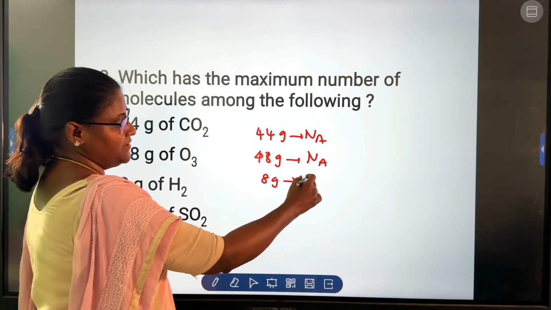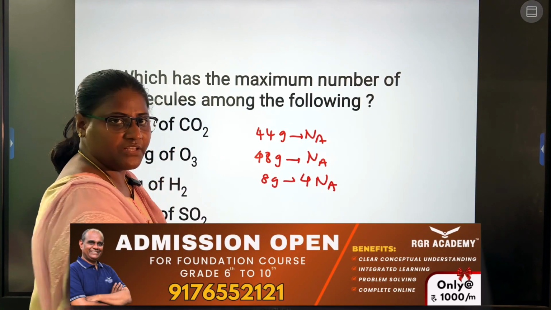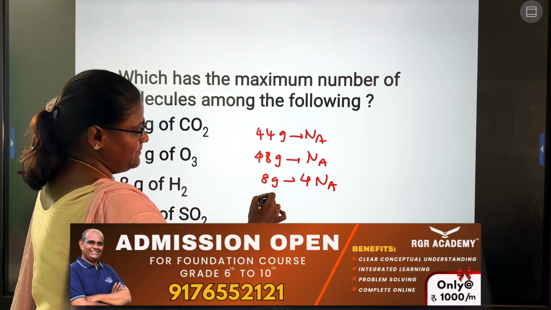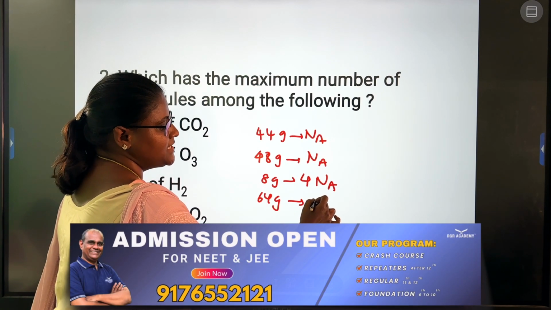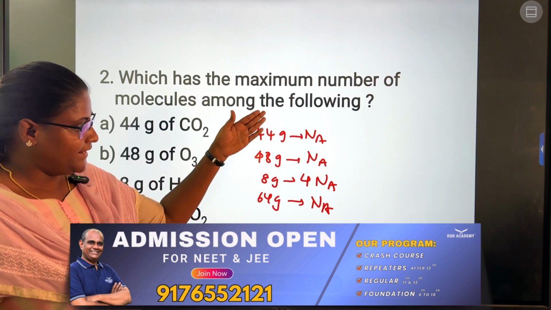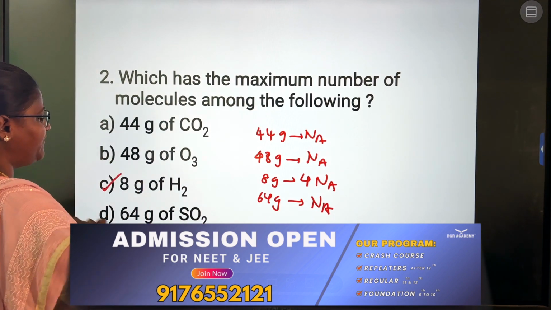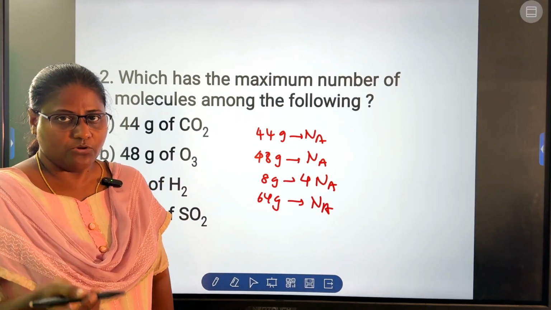Here you have 8 grams, so it is 4 moles, which means 4 times the Avogadro number. And 64 grams of sulfur dioxide, the molecular mass of sulfur dioxide is 64, so 64 grams contains 1 mole, which is the Avogadro number of molecules. These simple calculations show that 8 grams of hydrogen contains the most molecules.